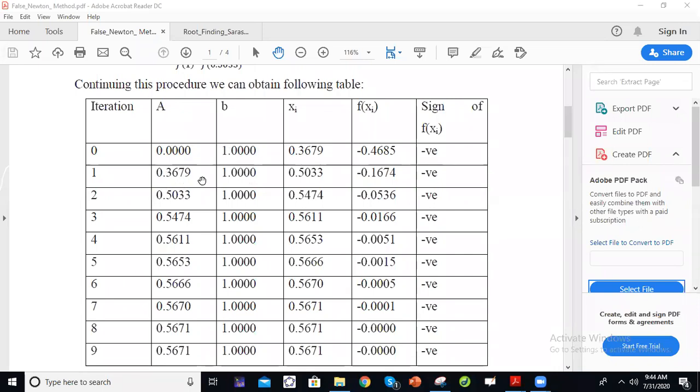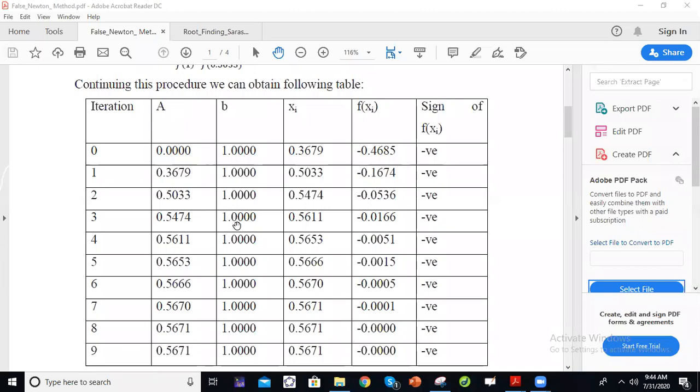Which of the three do you take? That is, you have 1 and 0.3679. Which one do we choose? If 0.5033 gives a negative ordinate, we choose the one giving a positive ordinate. Okay, for x2 we have a equals 0.5033.